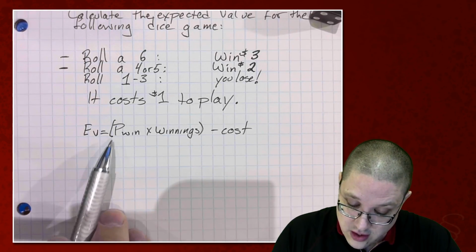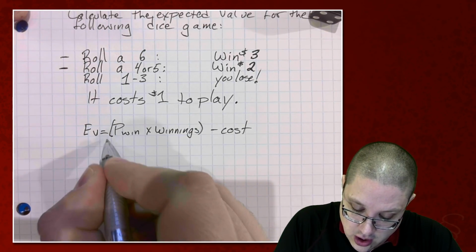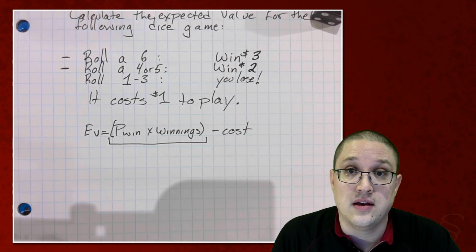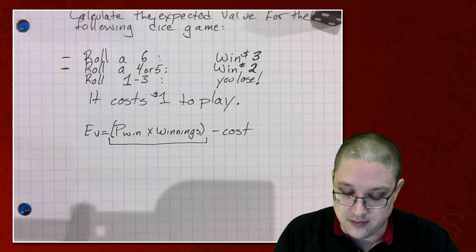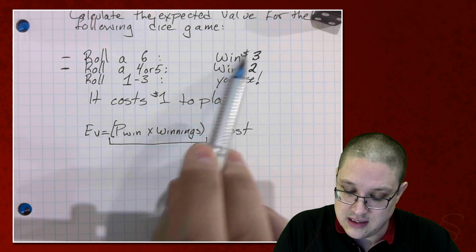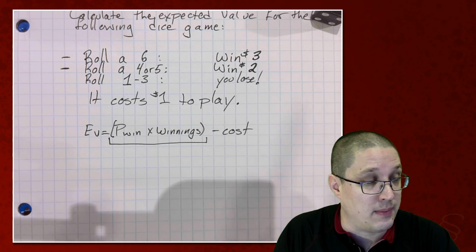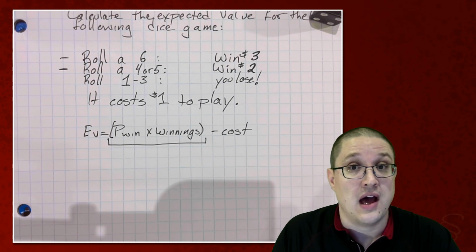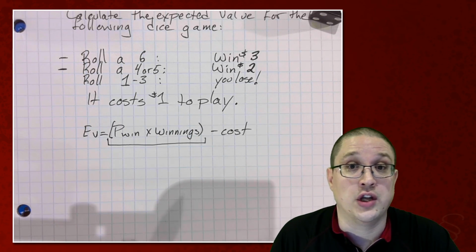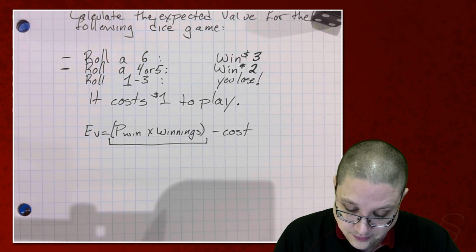So what I can do is repeat this chunk for each case: the probability of winning based on rolling a 6, and the probability of winning based on rolling a 4 or 5. I can add those together to get my average gain, my average winnings.